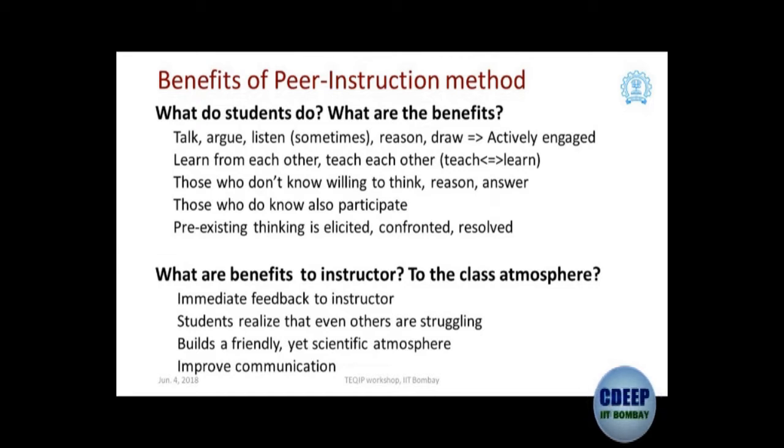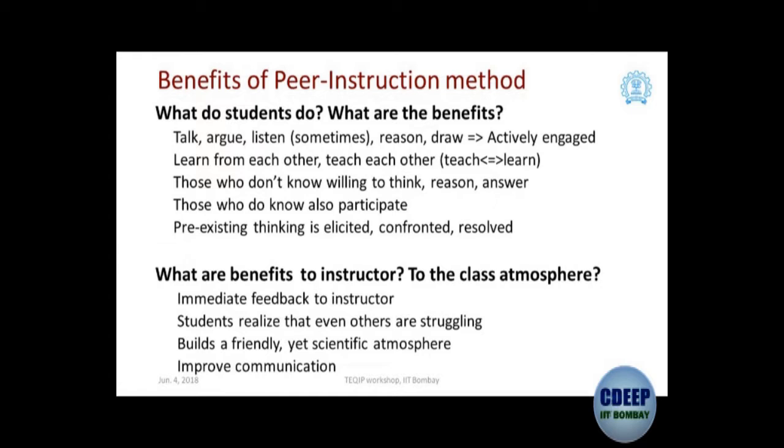So there's immediate feedback to the instructor. The second point here is an important point about the class atmosphere. Every student sees that others are also struggling. They see that they're not the only one who doesn't know the topic or who has a wrong answer. So that lessens the feeling of being daunted.